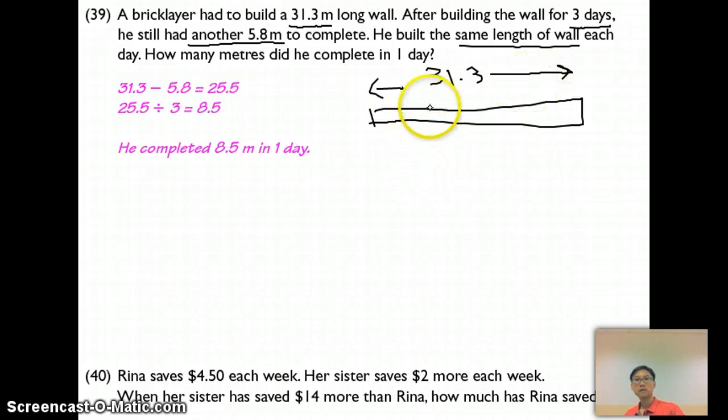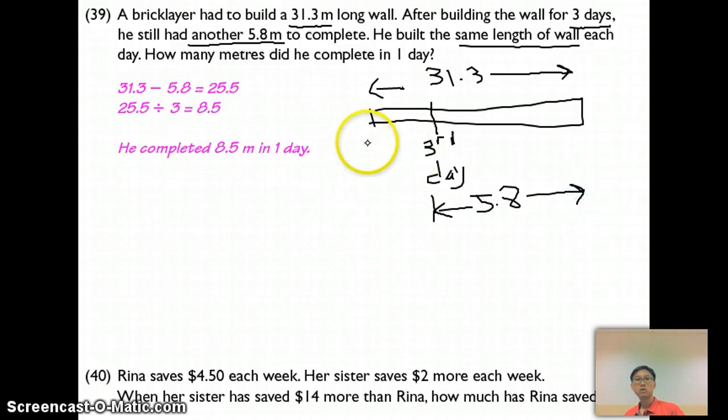After building, let's say this is my third day, he still had another 5.8 to cover. So he used 3 days, and he built the same length of wall each day.